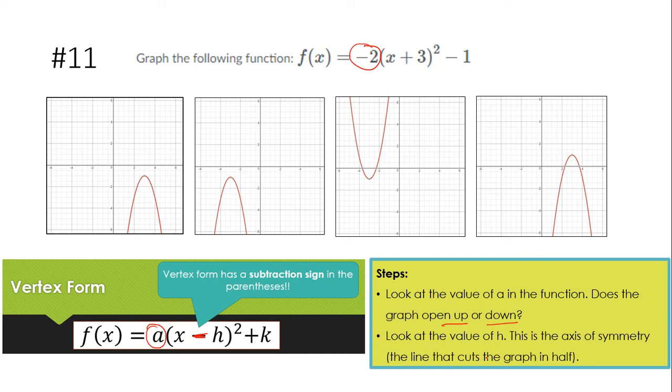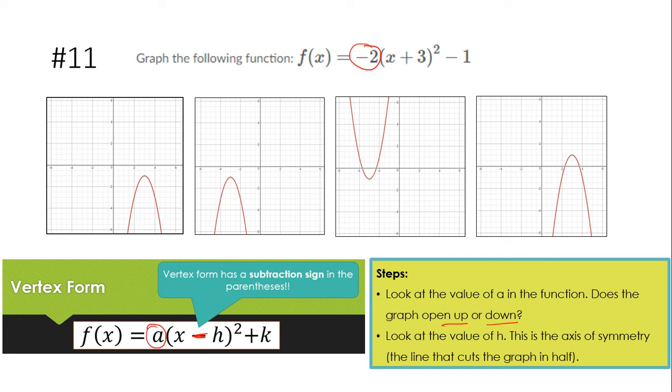The next thing we want to do is look at the value of h. This is the axis of symmetry, the line that cuts the parabola in half. Remember that your h is opposite. If you're in my class, I talk about how Hank lies and Kelly tells the truth. So Hank is lying. This is a positive in the vertex form, but that really means we're moving in the opposite direction.